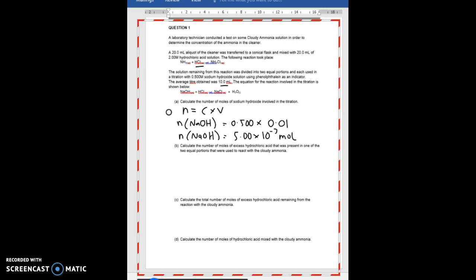So the number of moles of sodium hydroxide involved in the reaction with our excess of hydrochloric acid is 5.00 times 10 to the minus 3 moles.